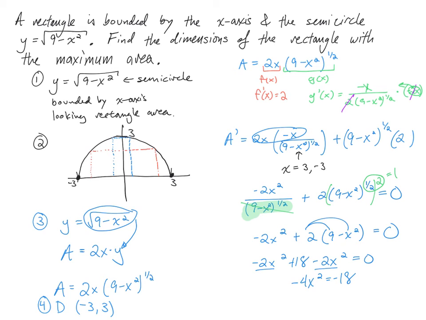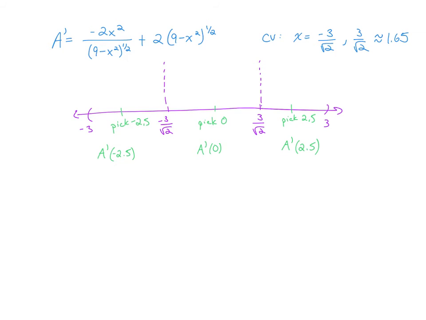I can do a little bit of dividing here. I get x squared equal to 9 over 2, which tells me that x would equal plus or minus 3 over square root of 2.